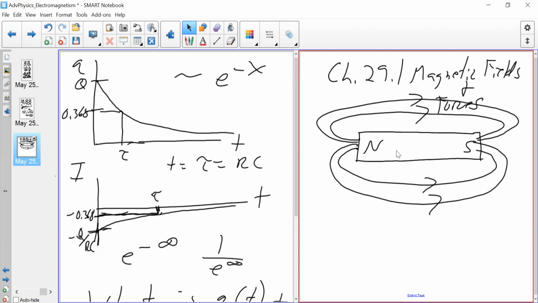They start on the north pole and end on the south pole. Similar configuration, we have electric fields from one positive point charge, and they all end on the negative. So it's similar, but not the same.